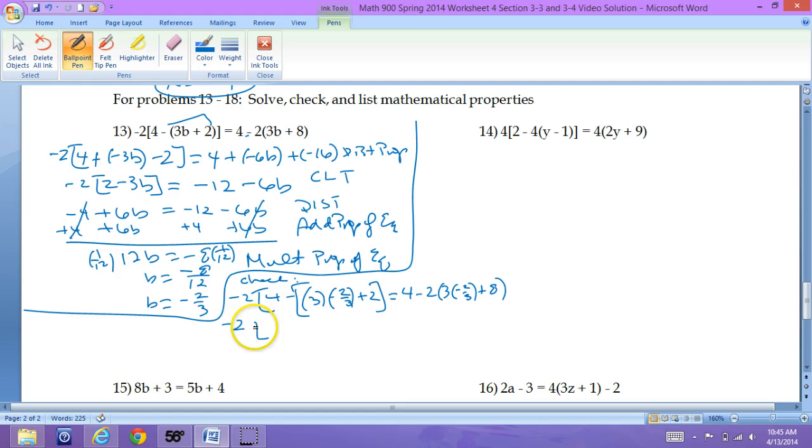Negative 2 times 4 minus, so 3 times negative 2/3 is actually negative 2. That's interesting. 3 goes into 3 once, 3 goes into 3 once, 1 times negative 2, not 1 minus, but 1 times negative 2 is negative 2. Negative 2 plus 2 is just 0. That's interesting.